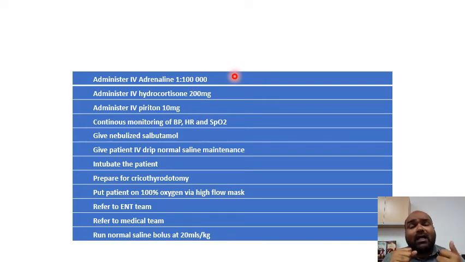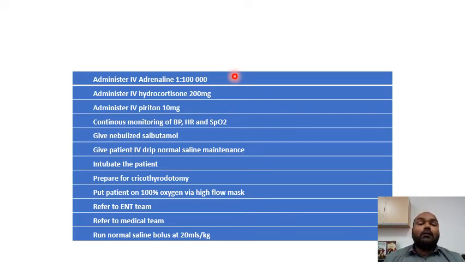So even if you give IM, this adrenaline will not be able to circulate properly. So that is why in anaphylactic shock we give IV adrenaline, but not pure though, because pure can cause the patient to go into a cardiovascular event. Pure adrenaline is too dangerous. It can even precipitate acute coronary syndrome or myocardial ischemia. So that is why we need to dilute it and run it as an infusion.